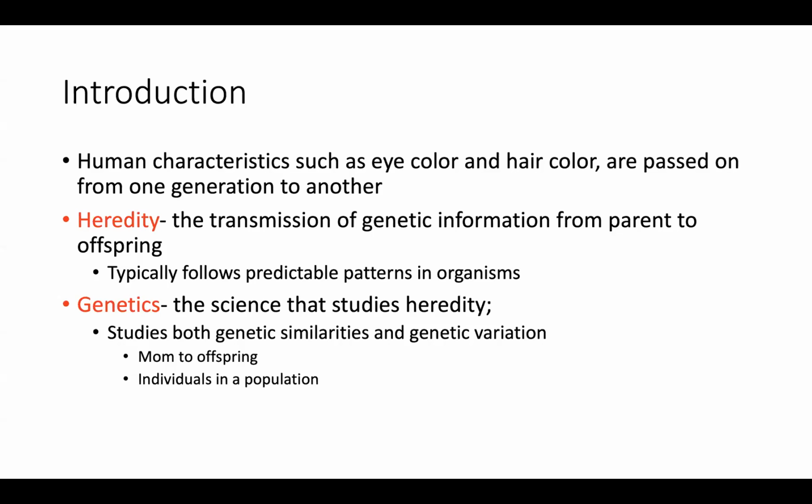After years of studying, and thanks to scientists like Gregor Mendel, we know that heredity typically follows predictable patterns in organisms, right? We know reproduction in humans is a form of sexual reproduction. We're using gametes from both mom and dad, sperm and egg. They both contain 23 chromosomes. We know what the chromosomes and genes are on each chromosome, so we can predict the likelihood of certain characteristics in the new individual that is created.